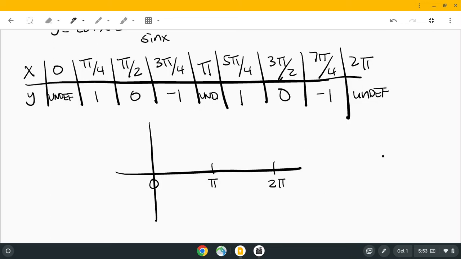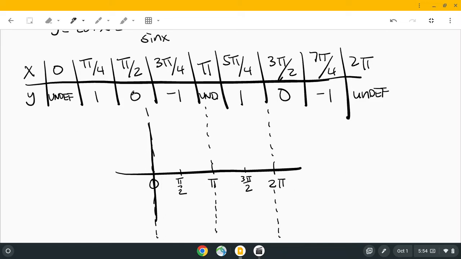So here, here, and here, we are going to have vertical asymptotes. Let me put the quadrantals down so that we can at least see those: 0, pi over 2, pi, 3 pi over 2, 2 pi.